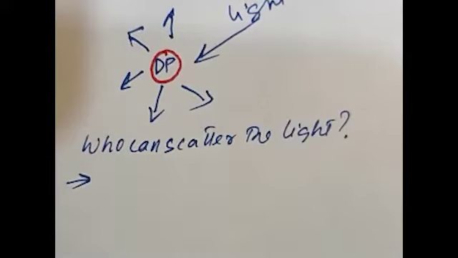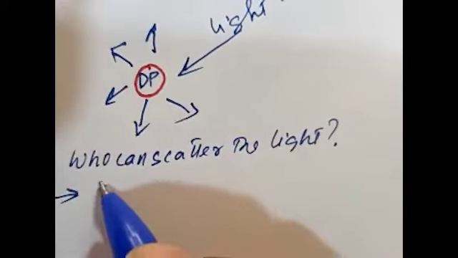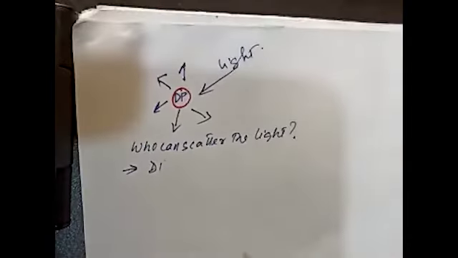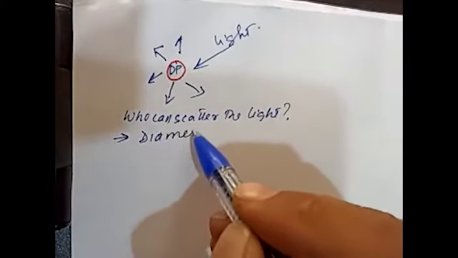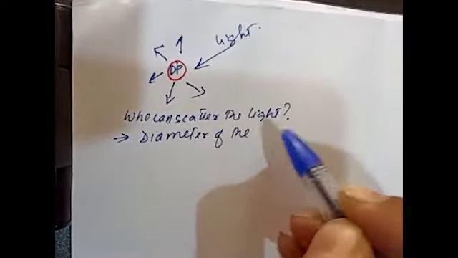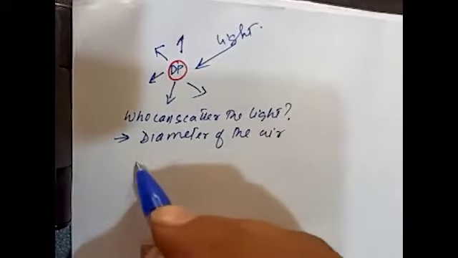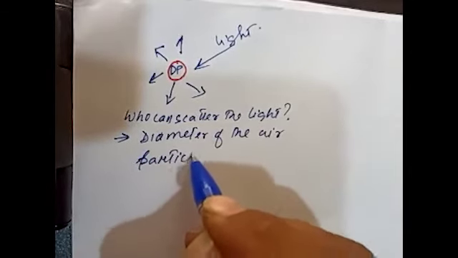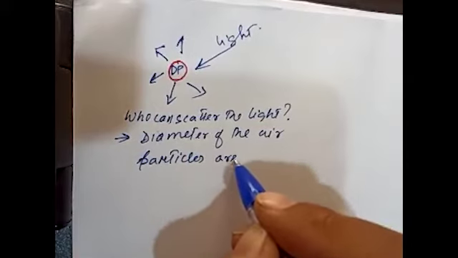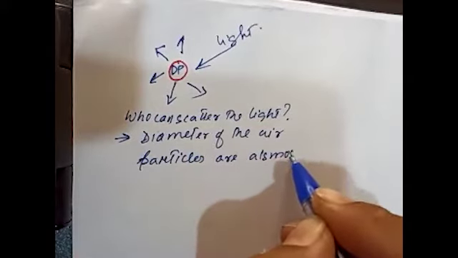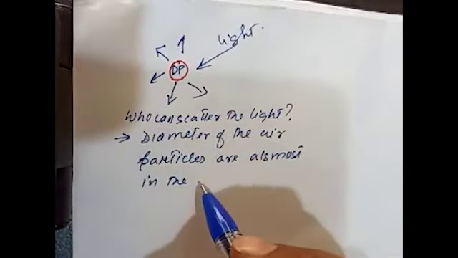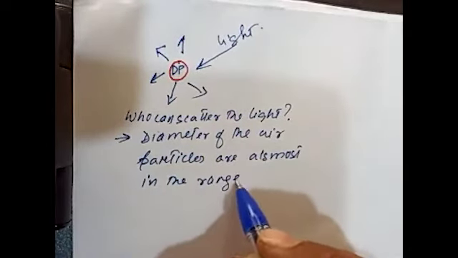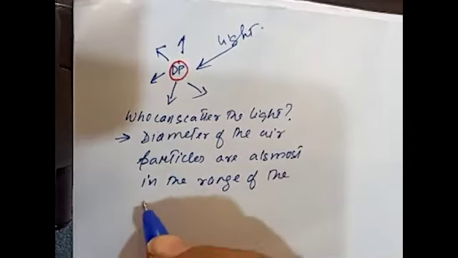The air particles, the dimensions or the size, diameter of the air particles, are almost in the range of the wavelength of light.